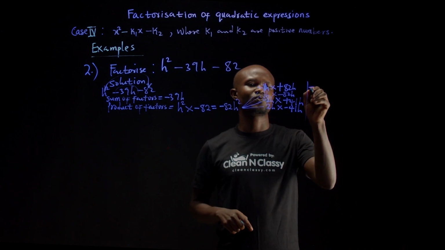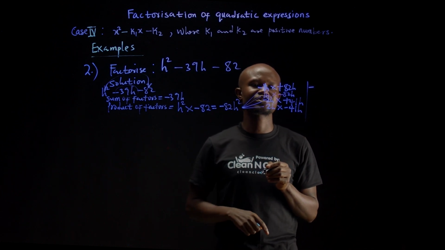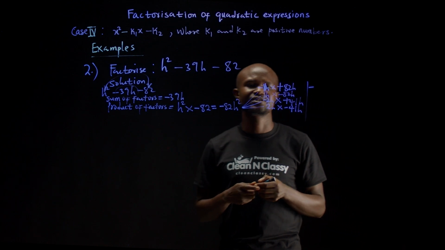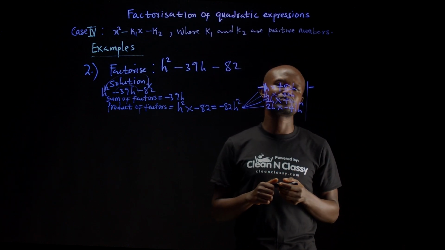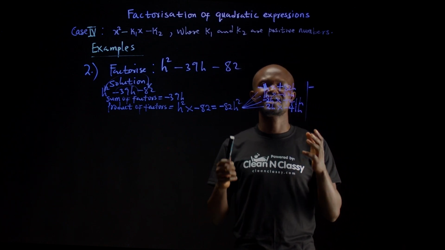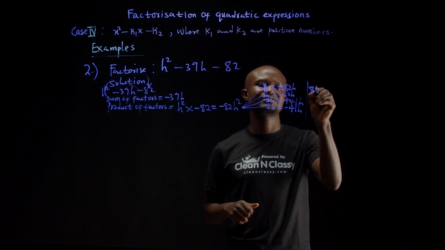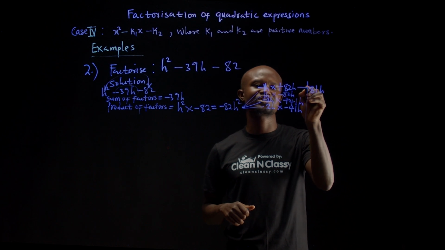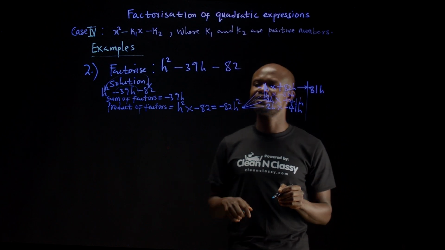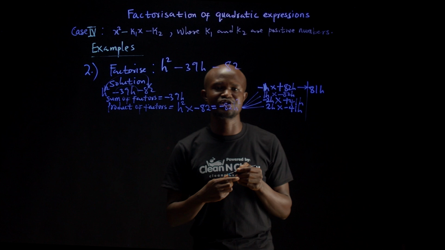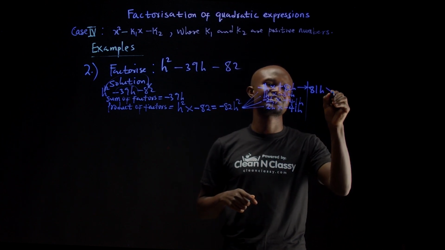Minus 1h plus 82h. Minus 1h plus 82h means 82 minus 1. And that will give us 81h. And this does not satisfy the sum condition, which is minus 39h.